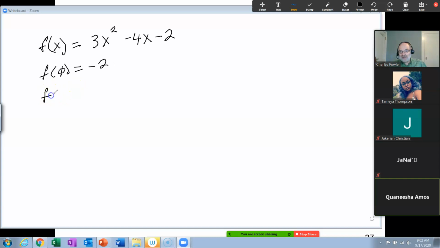The next easiest in my book is f of 1. That would be 3, because 1 squared is 1, minus 4, because 4 times 1 is 4, minus 2, and that would be minus 6 plus 3, which is equal to minus 3. Ooh, that's less than 0. So let's keep going to the right. Let's do f of 2.